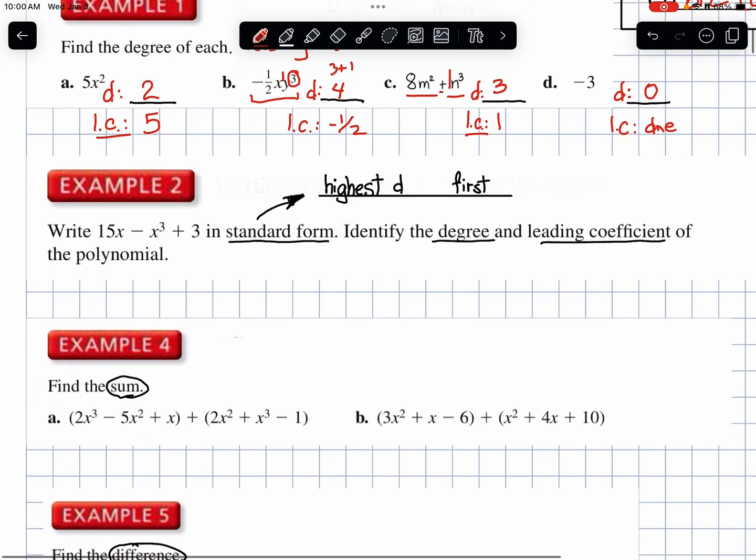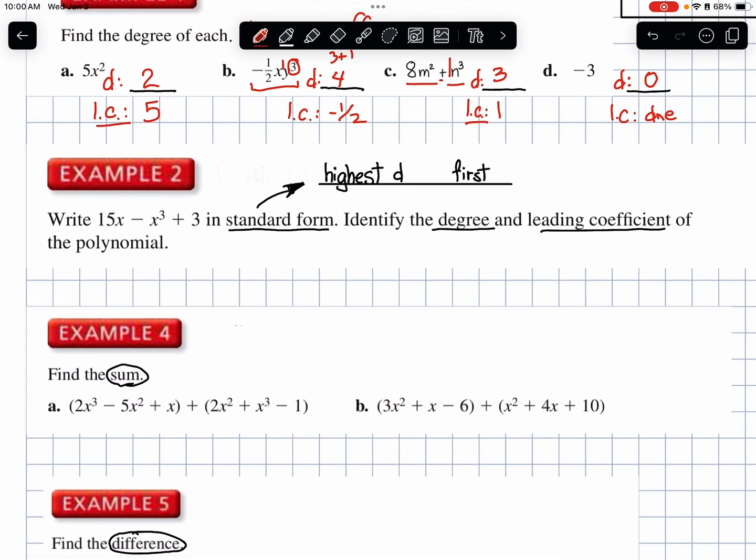Example 2. Write this polynomial in standard form. What is the degree? What is the leading coefficient? So to write it in standard form means that the degree has to be written first. So the degree in this case is the x cubed.